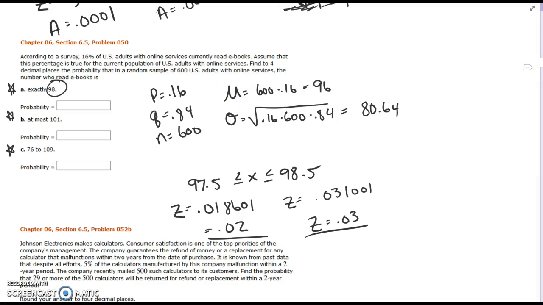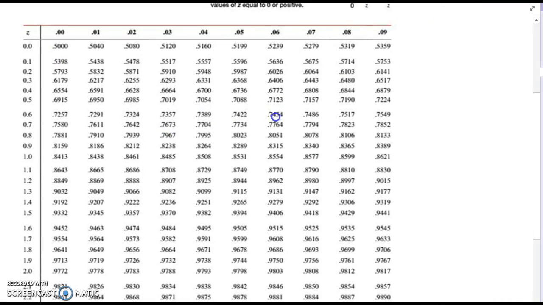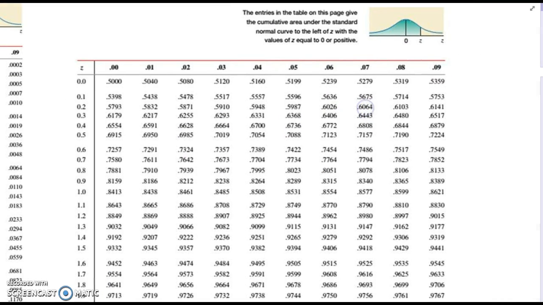In the standard normal distribution, if I look at 0.02 and 0.03, I'm on this side, so I'm going to take the area for 0.03 and subtract the area for 0.02.